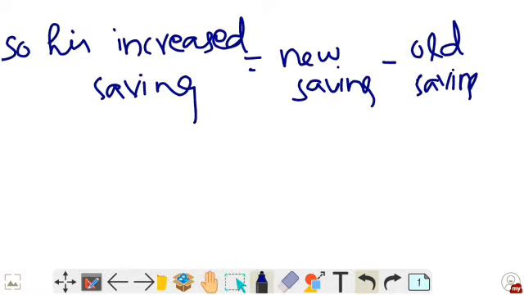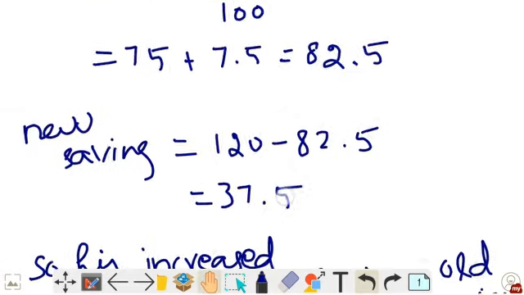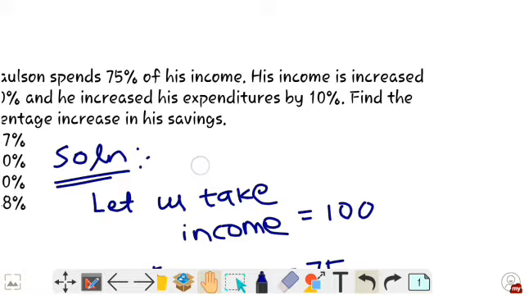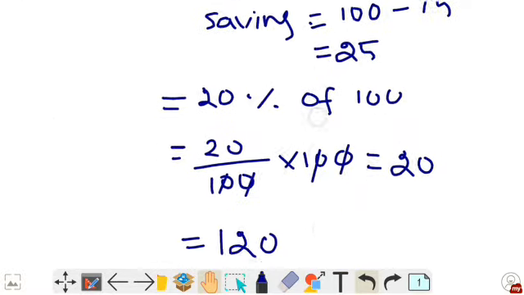New saving is 37.5 minus 25, which is equal to 12.5. So now we calculated his increased saving, but they asked the percentage of increased saving.